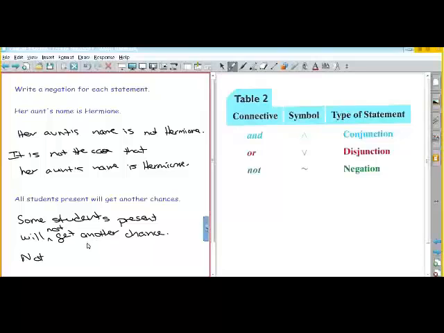Yeah, that was the original one I was thinking of. I was trying to use that previous example, because usually I do it in this order. I do this one first, and then I did the other one, and then I did the other one. I was like, oh, they're like the same. So you could say not all students will get another chance.